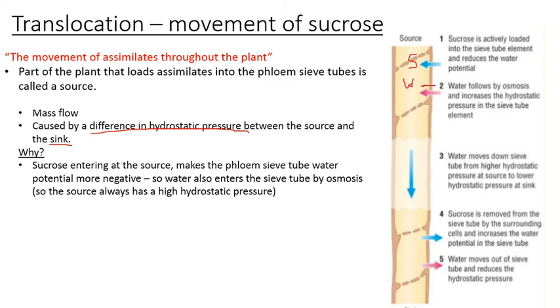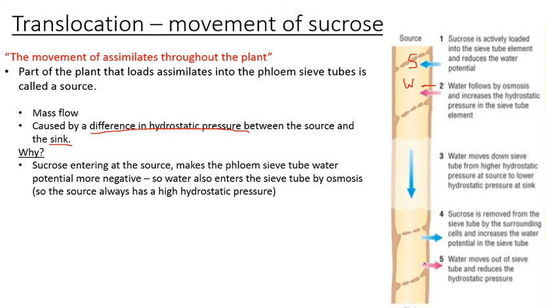So lots of sucrose and lots of water. I say pumped, but it's all passive, diffusion and osmosis. Because you've got lots of sucrose and water now inside that tube, it also has a very large pressure. And this pressure here at the source will always be higher than the pressure at the sink.